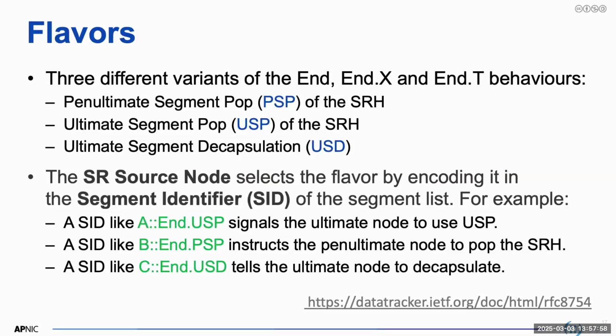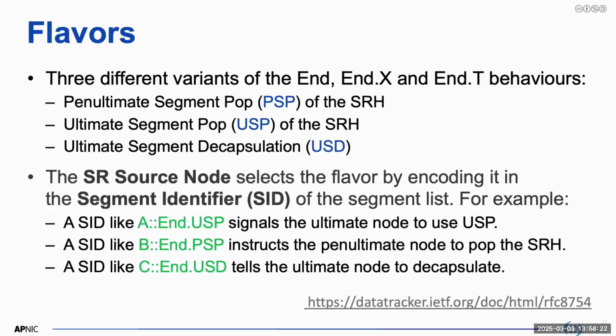The other one is USP, the ultimate segment popping. In this case, the last node will pop the segment routing header and forward just the payload to the server there, or maybe to an application attached there. The third one is the ultimate segment decapsulation.